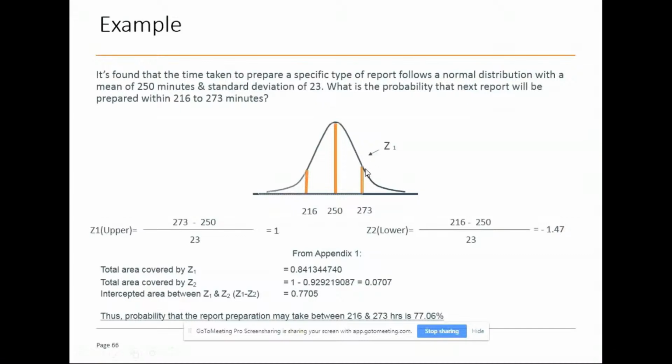Where I have Z1, which is 273, if I calculate the Z upper, I get 1.